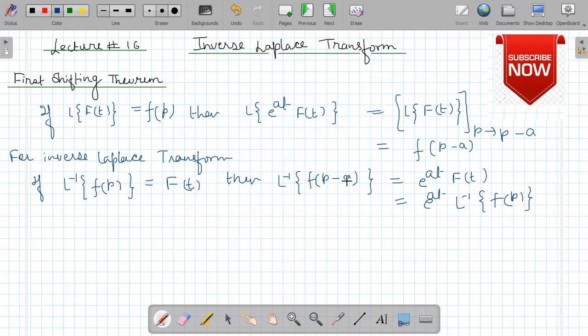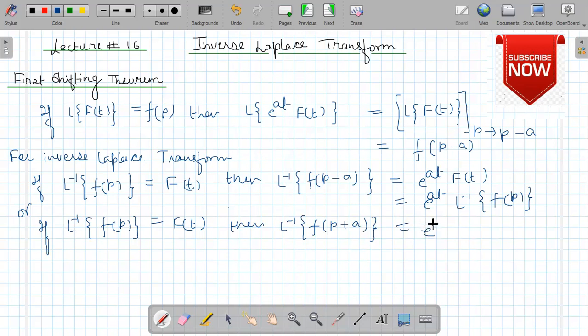so if you have here f(p plus a), this is same: if Laplace inverse of f(p) is equal to f(t), then Laplace inverse of f(p plus a) will be equal to e raised to power minus at Laplace inverse of f(p).